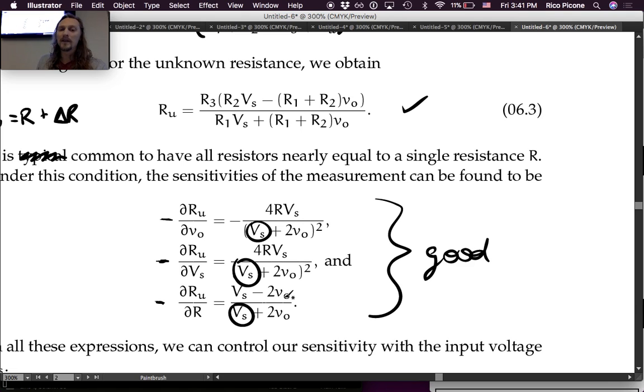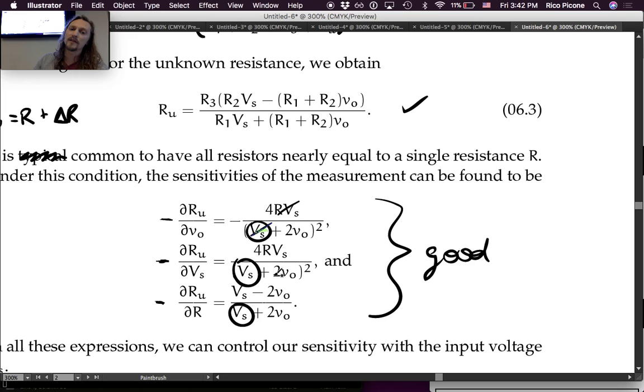So we can essentially control our sensitivity by changing Vs. The greater Vs is, the greater this denominator is. So if you want to make your measurement less and less sensitive to variations in V out, Vs, and R, you can crank up Vs. Although it only really works to a point, because once V0 is much smaller, these essentially just drop out, right?